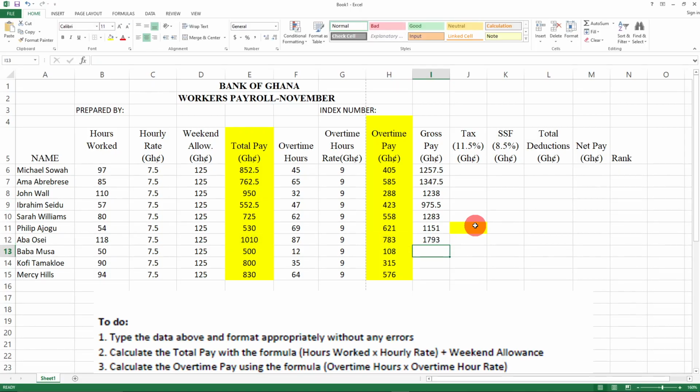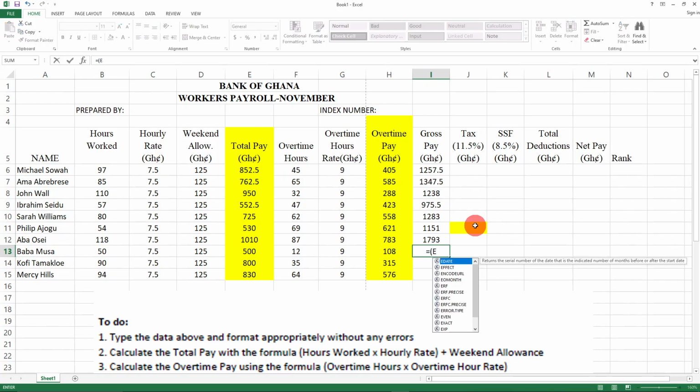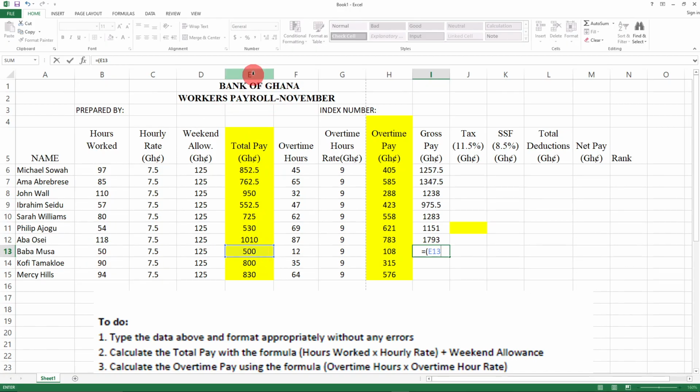The next one is E13, Baba Musa, E13 plus H13. So it's the same thing, if you type 500 plus 108, you should get 608.